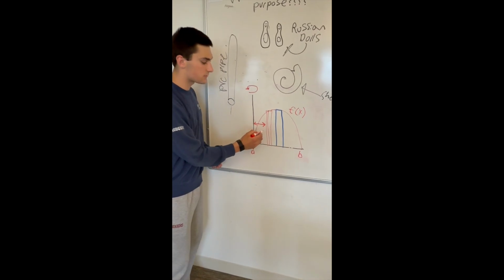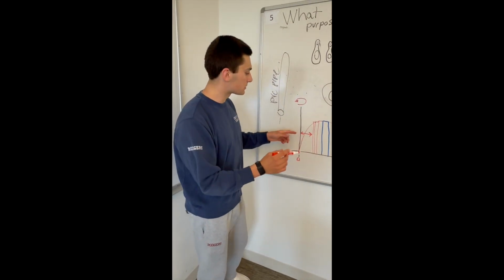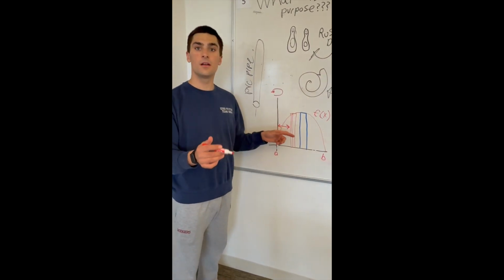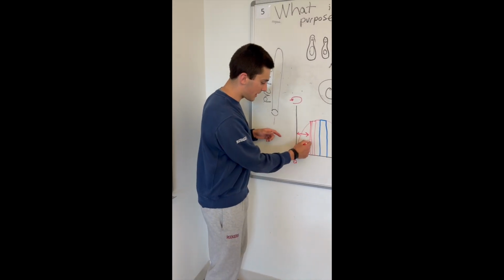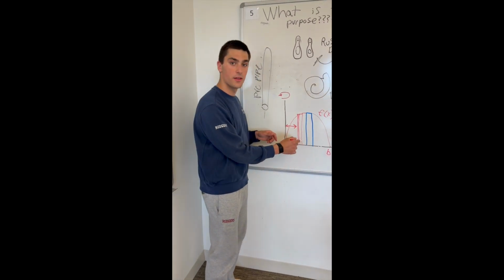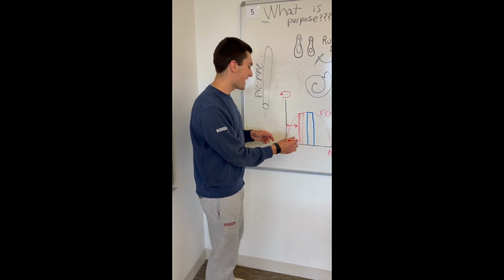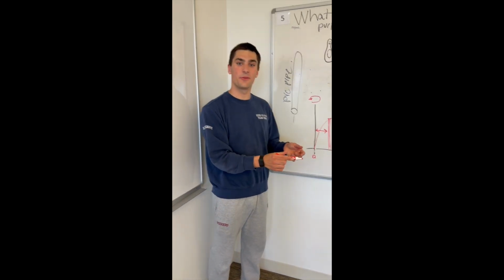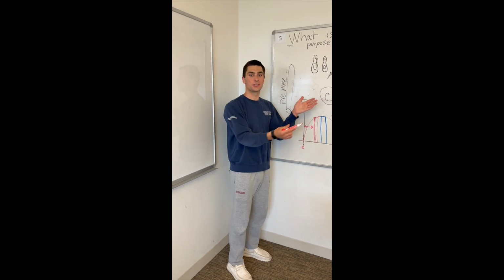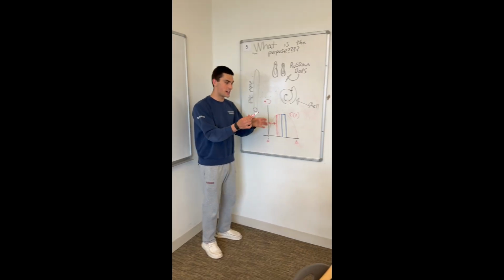The rectangles always have to be parallel to the axis of rotation. This is an alternative to the disk and washer method. And again, it looks like a Russian doll because there's one inside the other.